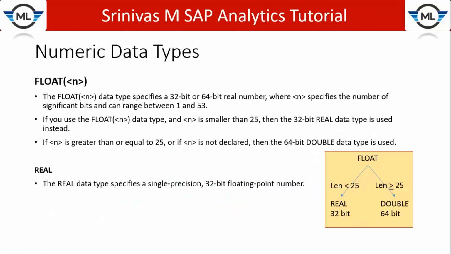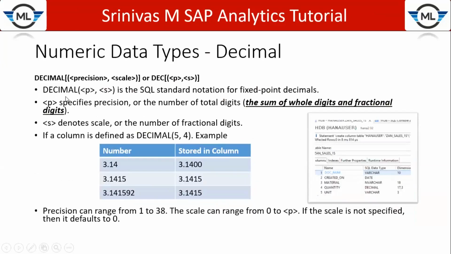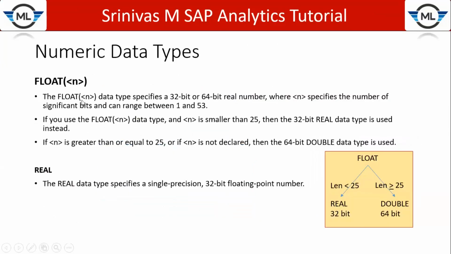Okay, next, coming to the numeric data type. Under the numeric data type, next we are going to discuss floating point. The decimal data type contains precision and scale, but when it comes to floating, we have only one, which is precision. A float data type is 32-bit or 64-bit.